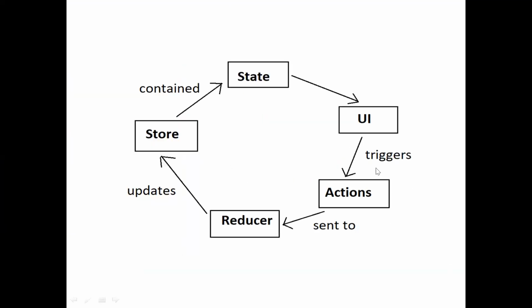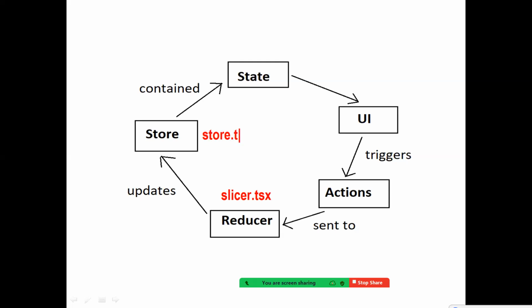That means now these actions, this reducer, this store, this state. What I have done now is, the actions and this reducer I defined by using slice, okay? And this store I created by using store.tsx.